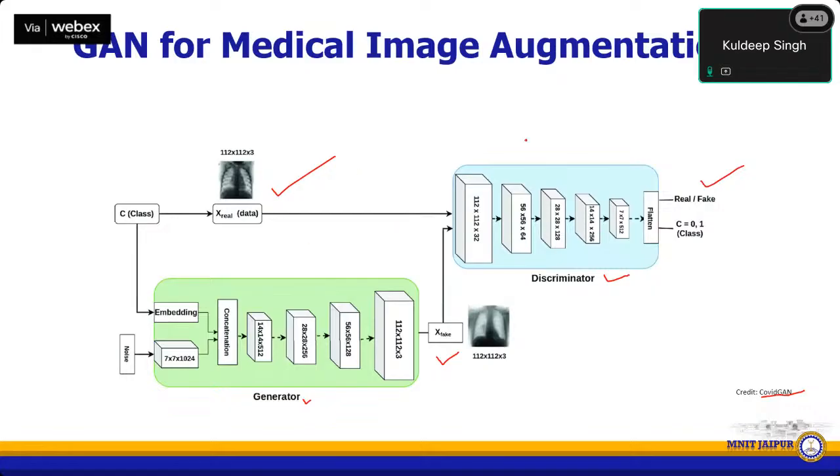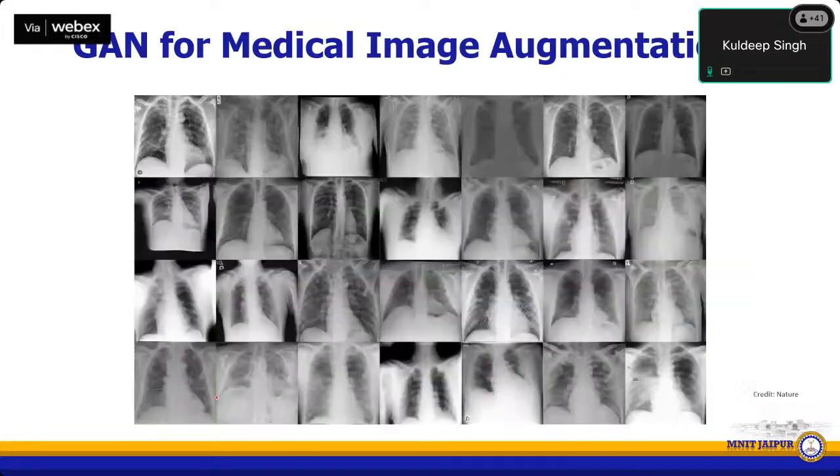And this is trained in such a way that the generator generates images which look like the real ones. Some of the examples are here, taken from one of the papers in Nature. These are the images augmented or generated with the help of a generative adversarial network.